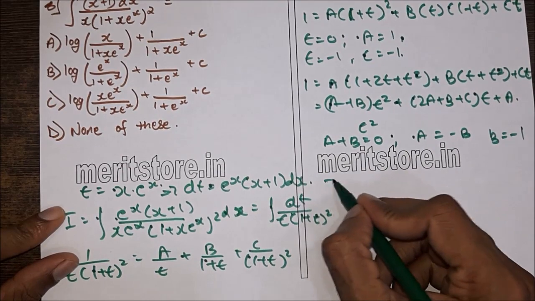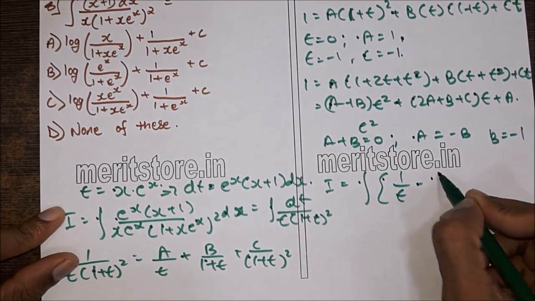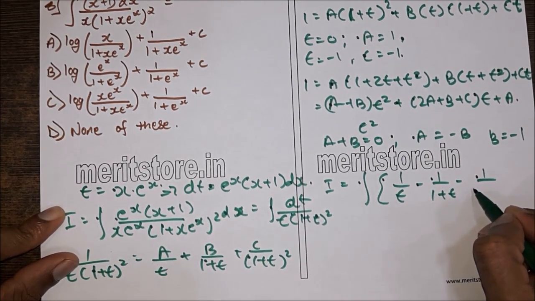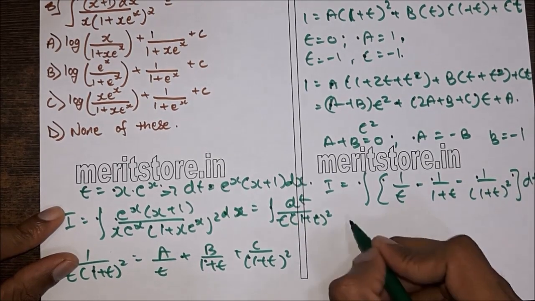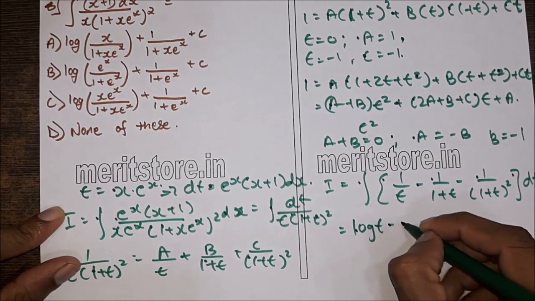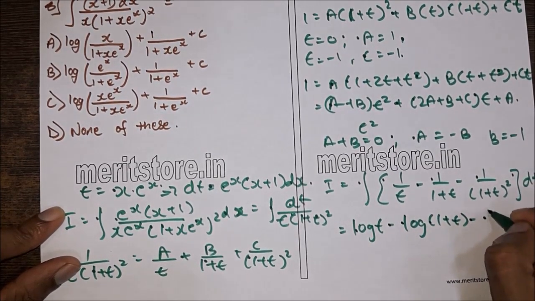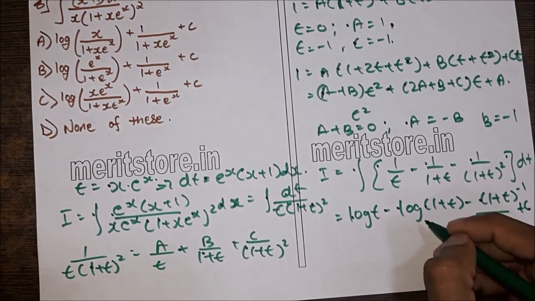Substituting this value, we get I equal to integral 1 upon t minus 1 upon 1 plus t minus 1 upon 1 plus t the whole square dt. For the integrating, we get log t minus log 1 plus t minus 1 plus t raised to minus 1 upon minus 1 plus c.